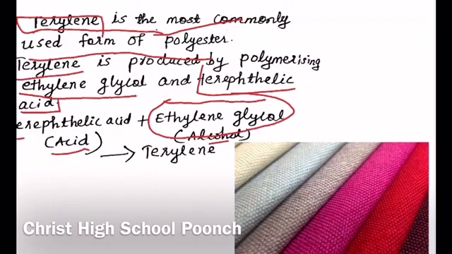So when terephthalic acid and ethylene glycol react, we will get the corresponding ester monomers, and their combination will give the polyester terylene.